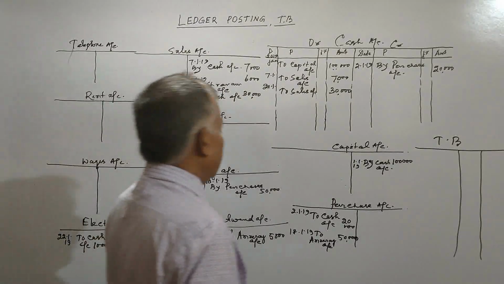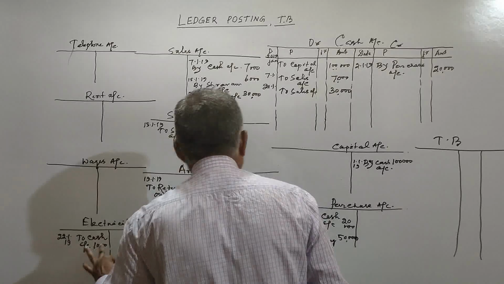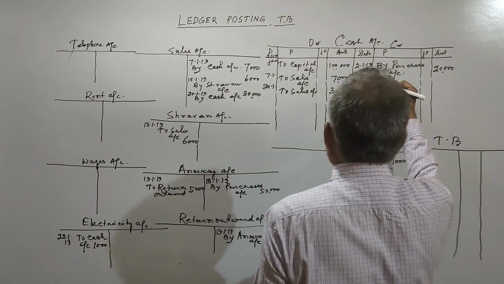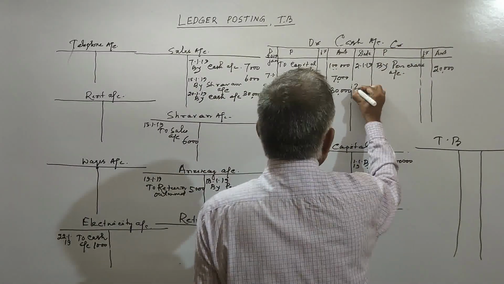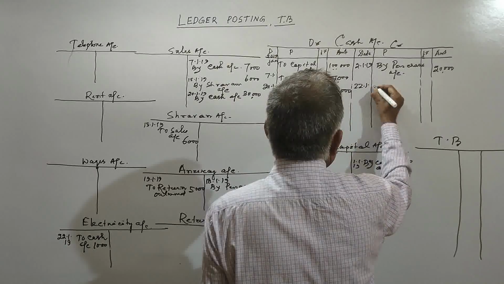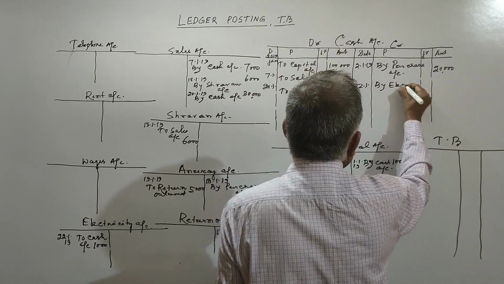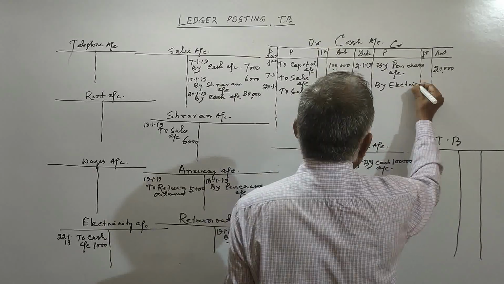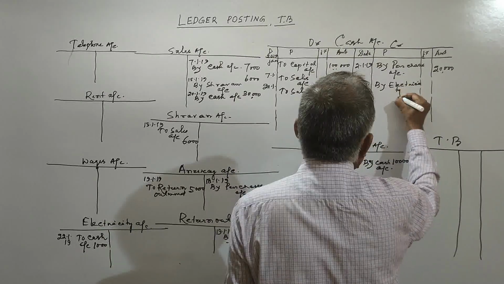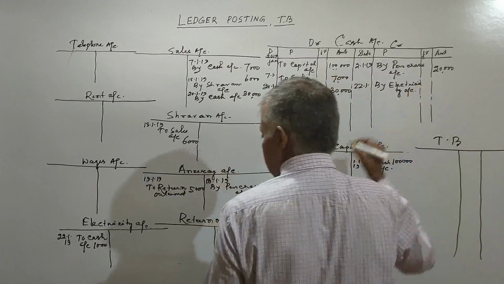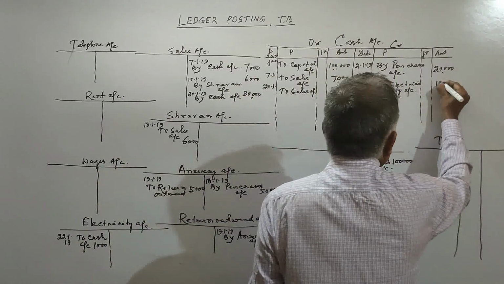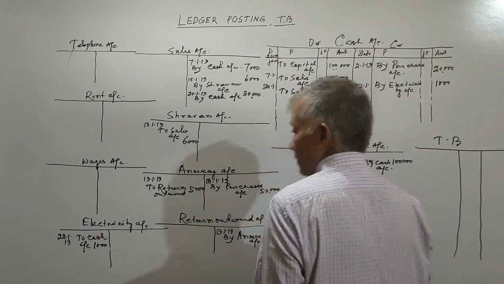Now this is cash credit. Go to the cash account credit side. This is 22/1. Write by electricity. By electricity account 1,000. Right?